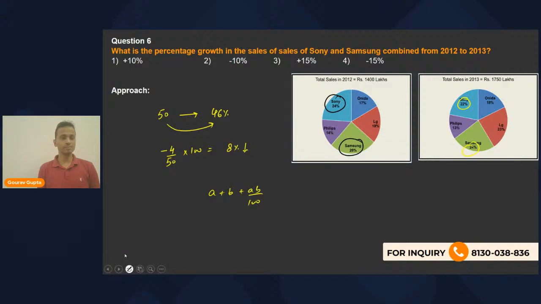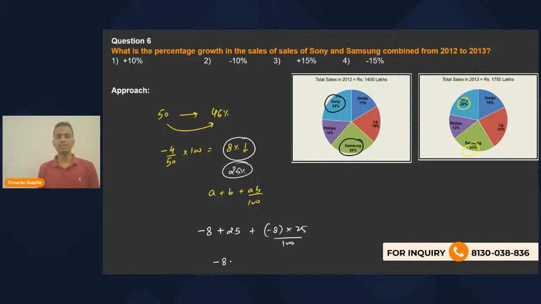Okay. Now I'll use the formula A plus B plus AB upon 100. Focus on this formula A plus B plus AB upon 100. The value of A is minus 8. The value of B, the change in base is 25%, right? So A will be minus 8, B will be plus 25. Plus minus 8 into 25 upon 100.